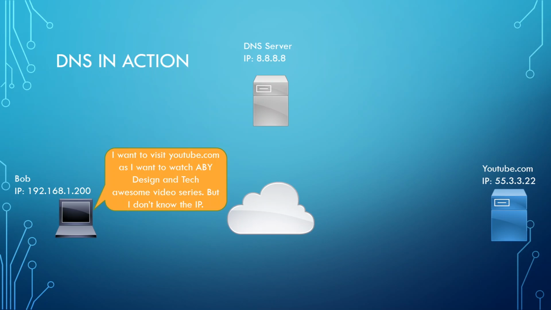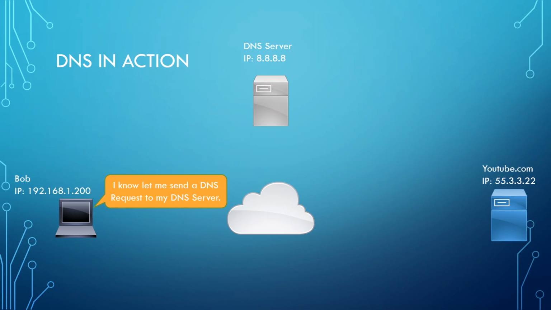So as an example, let's say Bob wants to access youtube.com because he wants to watch this awesome video series. He knows the host name of youtube.com, but he doesn't know the IP address. So he's like, wait a minute, I can just use my DNS server to find out the IP address of that server. So now I'm going to send a DNS request to my DNS server.